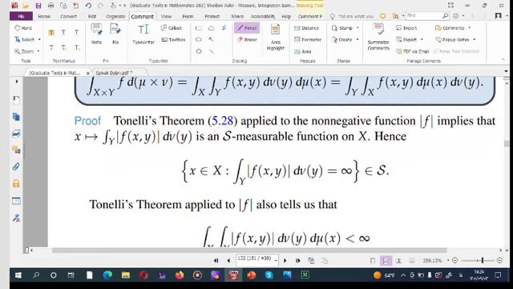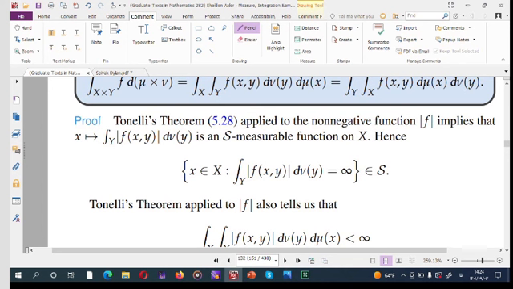Let's see the proof of Fubini's theorem. By Tonelli's theorem we can prove this useful theorem. Tonelli's theorem applies to the non-negative function, the absolute value of f, because I mentioned that Tonelli's theorem is for non-negative functions, and this is a non-negative function.